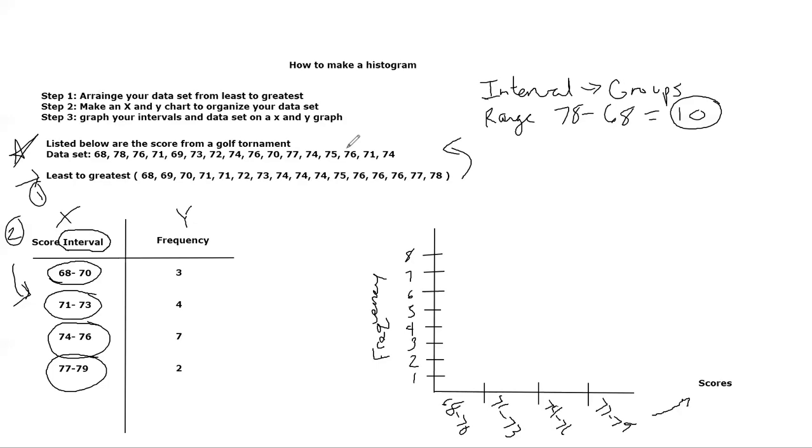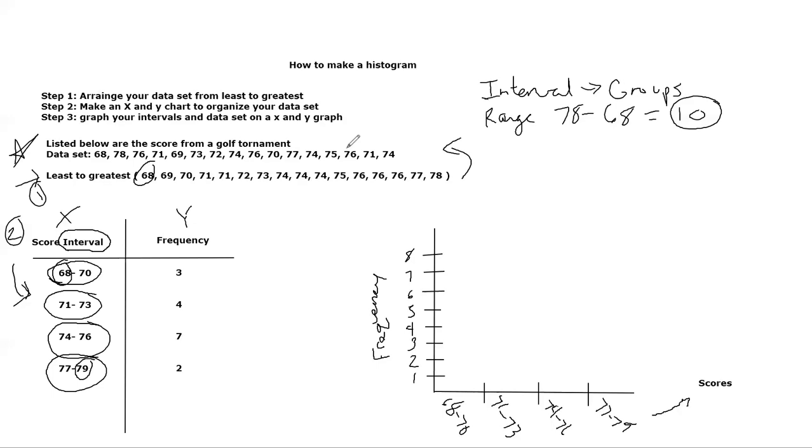Again, the range was kind of just there to help guide me. I know my range was 10, so I was like, maybe I should do groups of 2 or maybe 3, it just depends. And I started with the smallest number. If you notice here, 68 is the smallest number in my data set. And 79, it ended with essentially the largest number, but I don't have 79, I have 78.